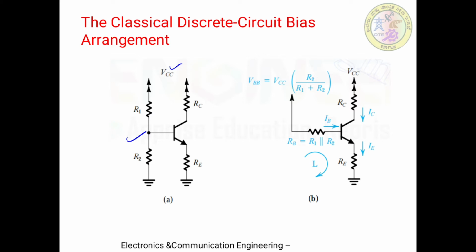Now, in order to derive the emitter current equation, let us write a loop equation for this input part, starting from VBB through RB and this particular loop L. The circuit was like this: we have a VCC, and since we are writing for the base terminal, I can now write the equivalent value, that is RB.